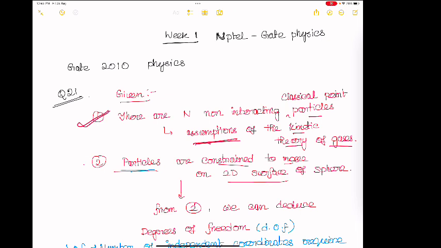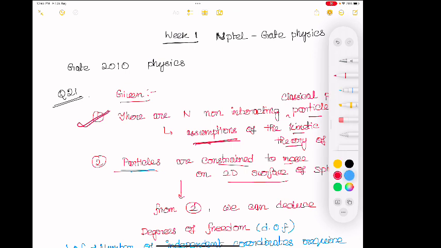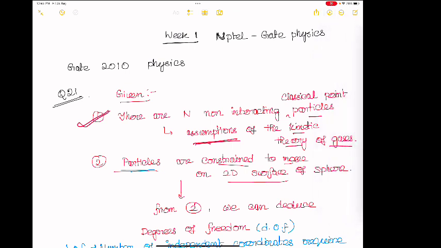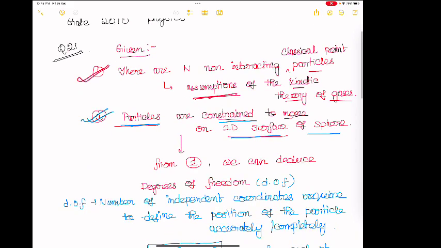The second thing which is given here is that the particles are constrained to move on the two-dimensional surface of a sphere. From these two points, we can deduce the degrees of freedom. Now what is the degree of freedom?